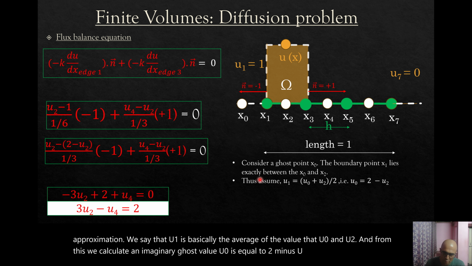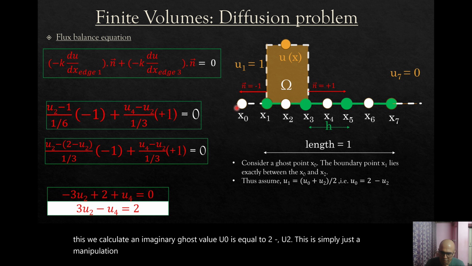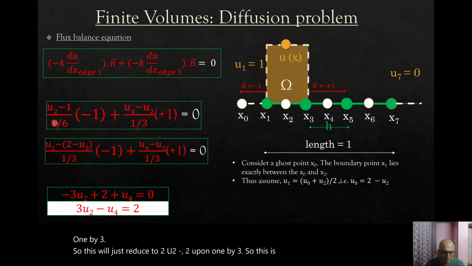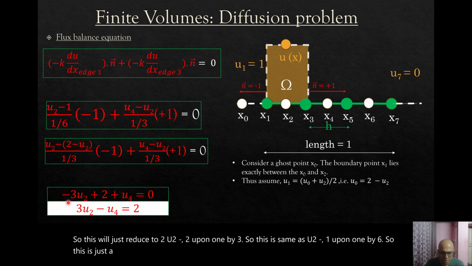This is simply a manipulation, because if you write a central difference approximation between x2 and x0, it is u2 minus u0 upon 1 by 3. This reduces to 2u2 minus 2 upon 1 by 3, which is the same as u2 minus 1 upon 1 by 6. So this will reduce to this equation.